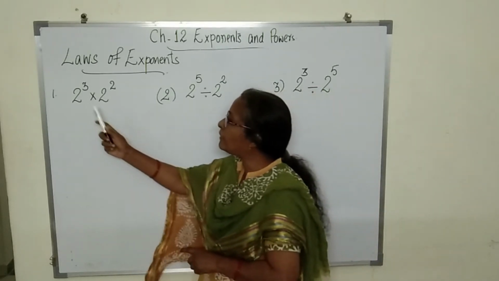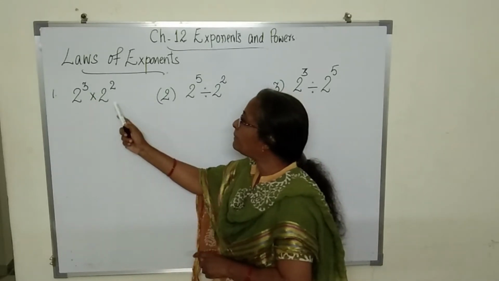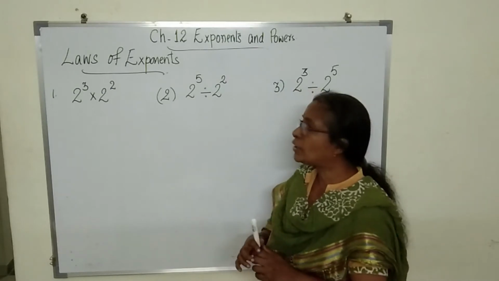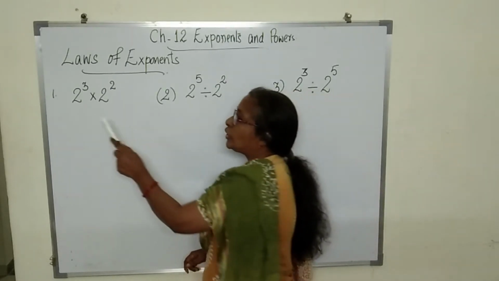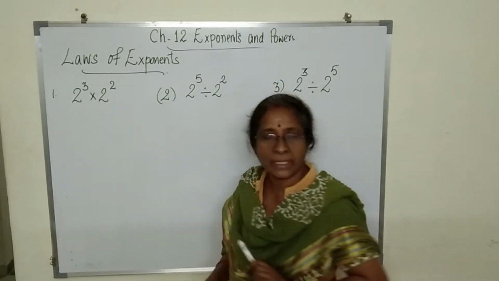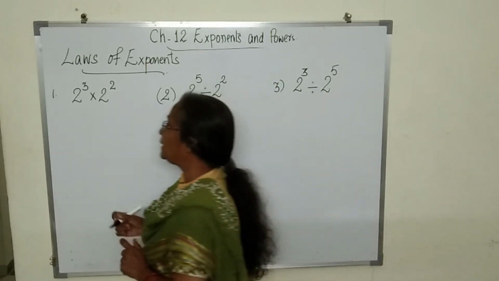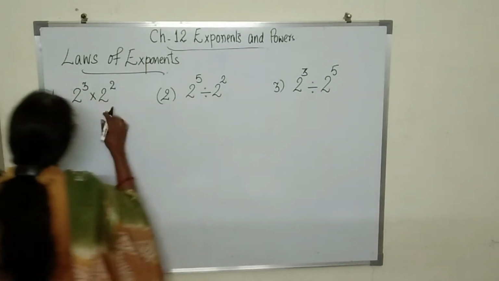When we have to multiply 2 raised to 3 by 2 raised to 2, what is special about it? Both of them have the same base. Exponents can be any integer. How will you multiply these two numbers?